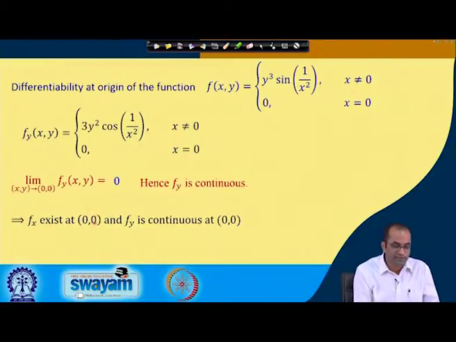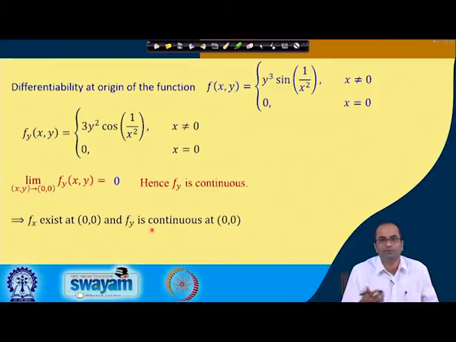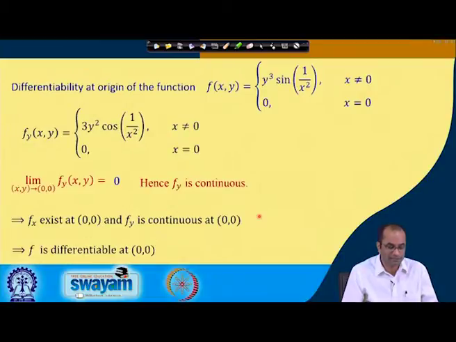In this case f_x and f_y obviously both exist there, and on top of that we have the continuity of f_y, one of the first order partial derivatives. Then we can claim that the function is differentiable, or we can prove that this function is differentiable based on the sufficient conditions of differentiability.